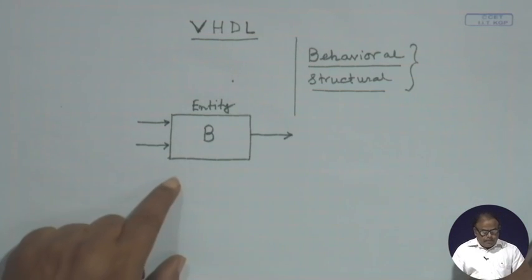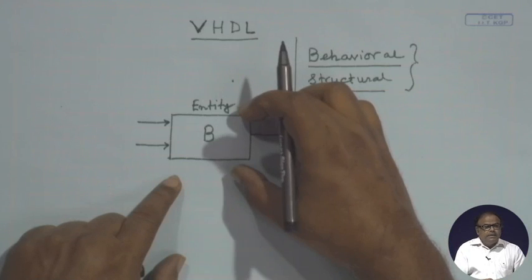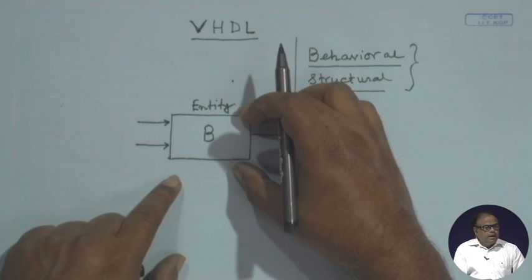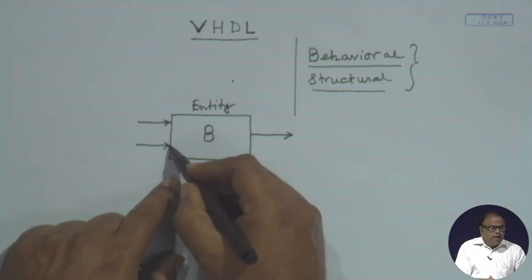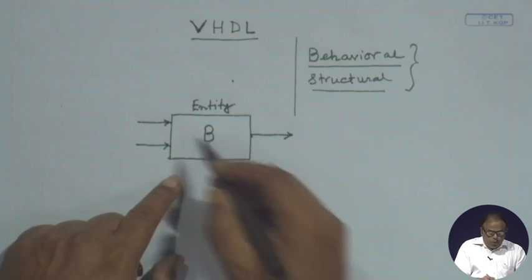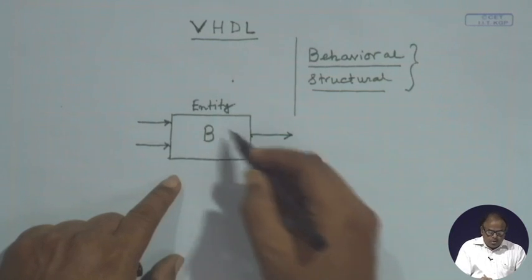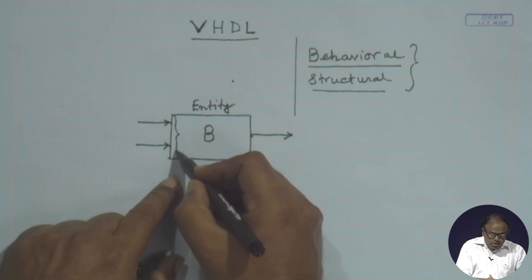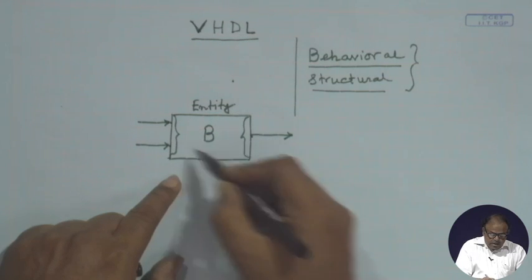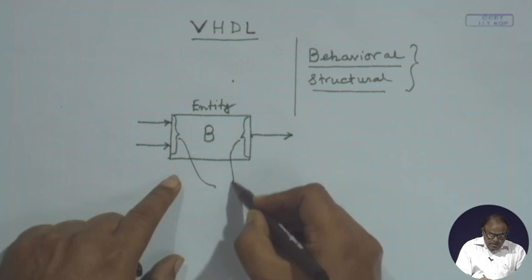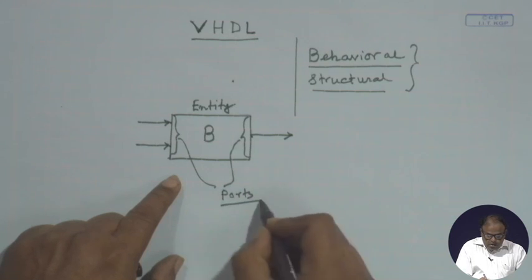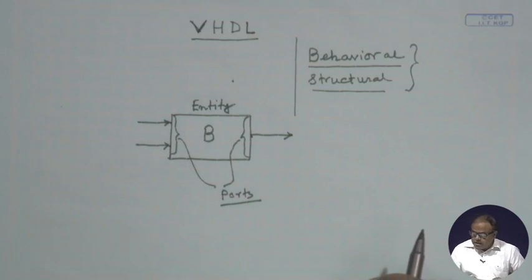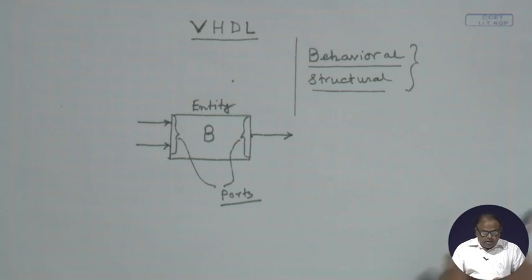An entity is associated with the inputs and the output, which we call ports. All right. So, these are the ports of this entity.